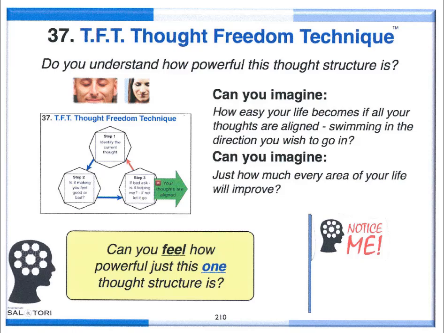Can you imagine it happening and what the benefit will be? And you feel how good it is with everything going in the right direction. Can you imagine just how much every area of your life will improve without all those little tiny bits of baggage dragging you back? You don't notice the weather anymore, other than if you notice the weather you go, hey, it's great today, whatever the weather is. Can you imagine that?